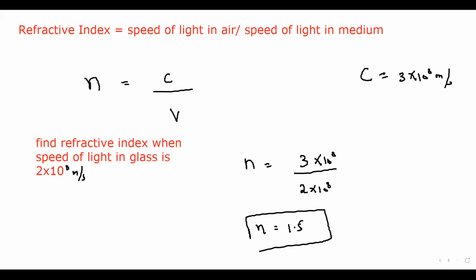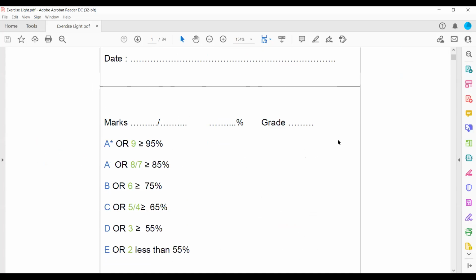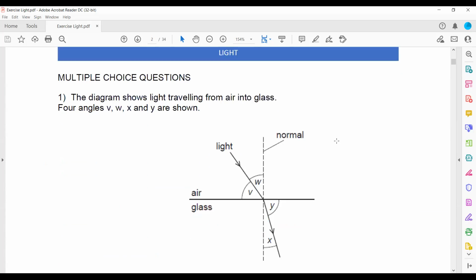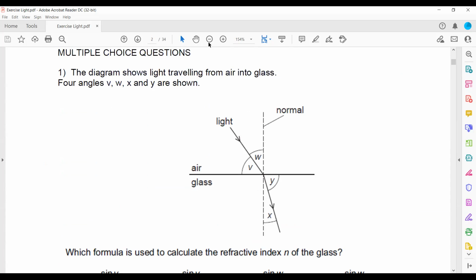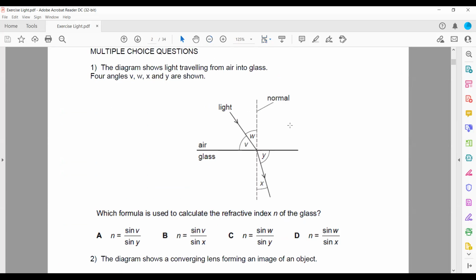Now some questions related to the topic, refractive index, the bending of light. In this question, the diagram shows light traveling from air to glass.